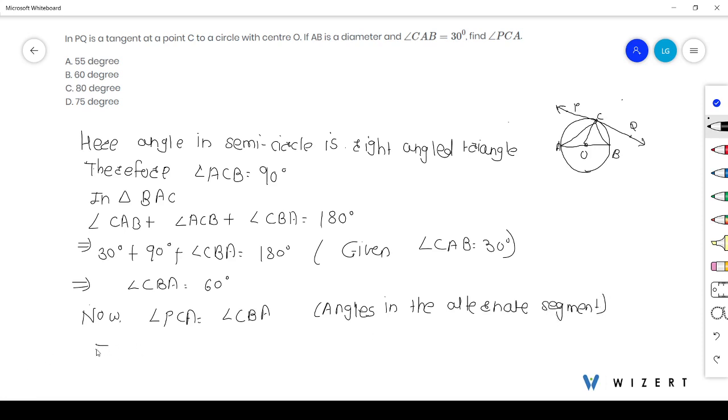So here angle PCA equals angle CBA. The measure of angle CBA we found as 60 degrees. So angle PCA becomes 60 degrees.